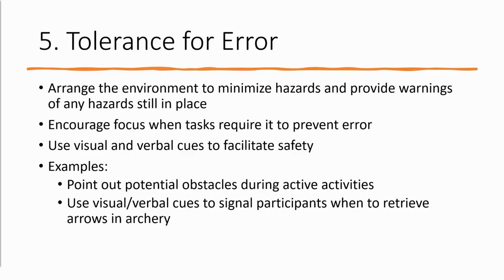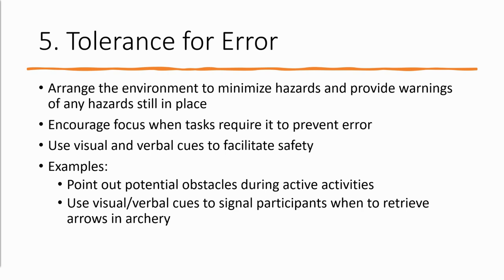The fifth principle of tolerance for error pushes you to arrange the environment to minimize hazards and make sure that you provide warnings of any hazards still in place, to encourage focus when tasks require it to prevent any error, and to use visual and verbal cues to facilitate safety.